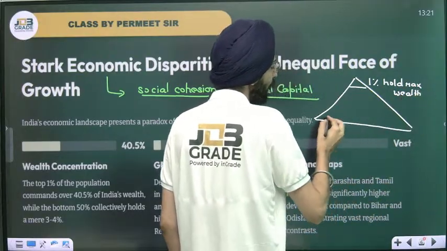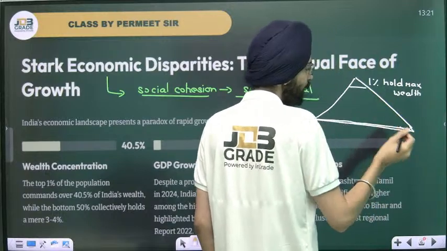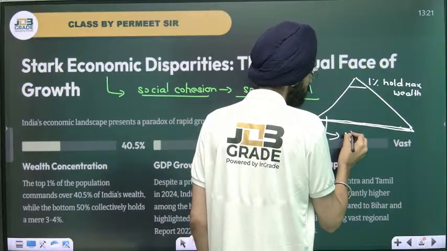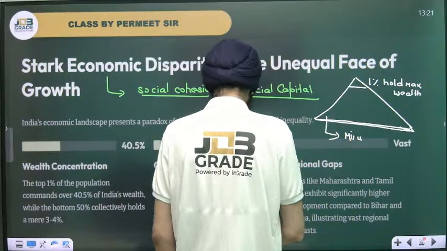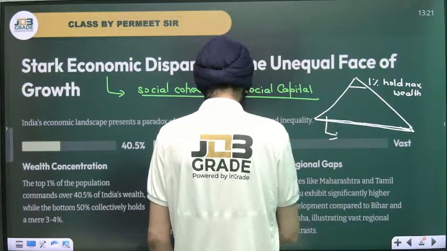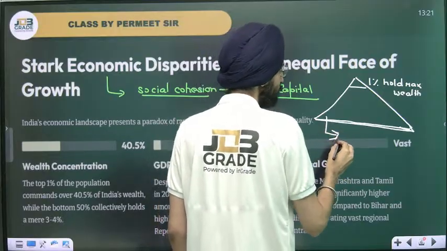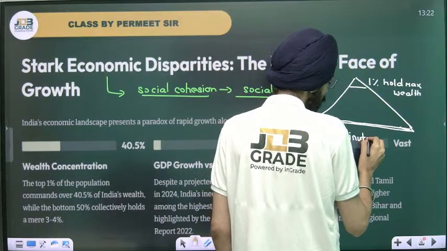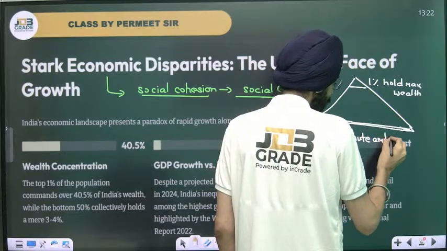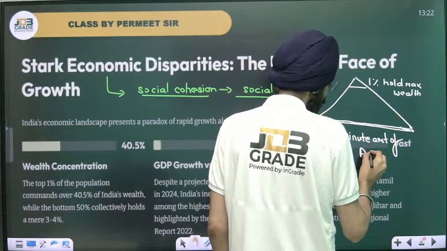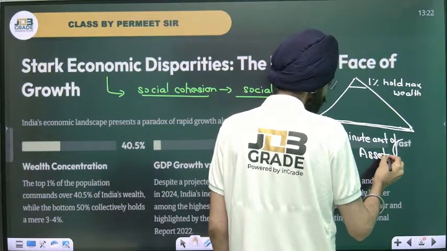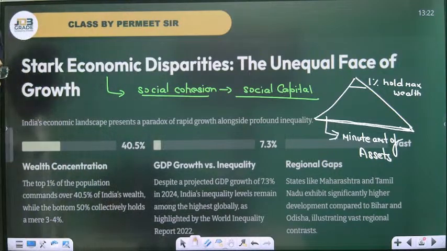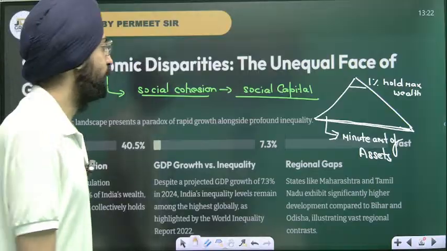And the bottom percentage, which is the majority in nature, holds a minute amount of resources or assets. I hope that's completely fine with you.